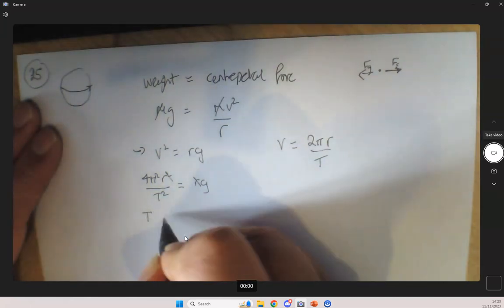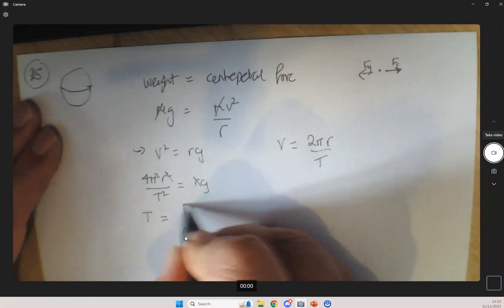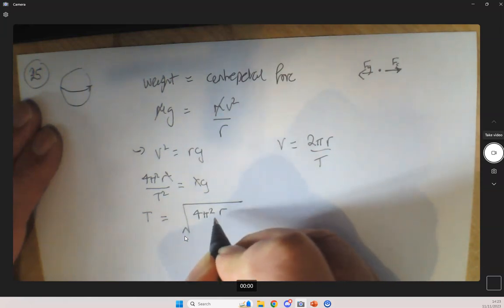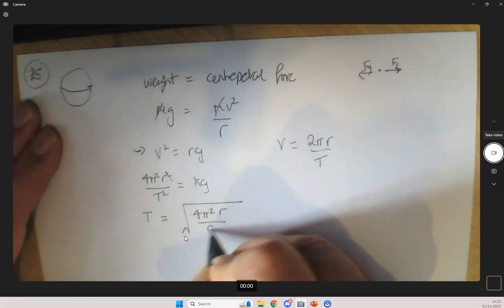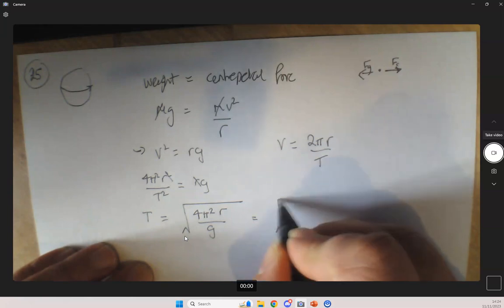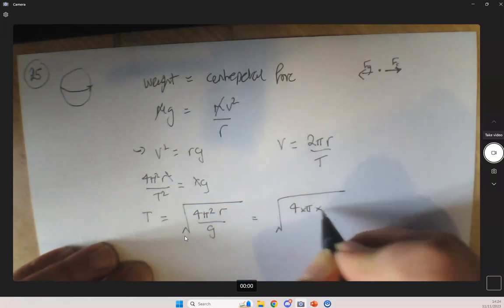So I rearrange and I get t is equal to the square root of 4 pi squared r divided by g. And I can sub the numbers in, giving me the square root of 4 times pi squared times the radius.